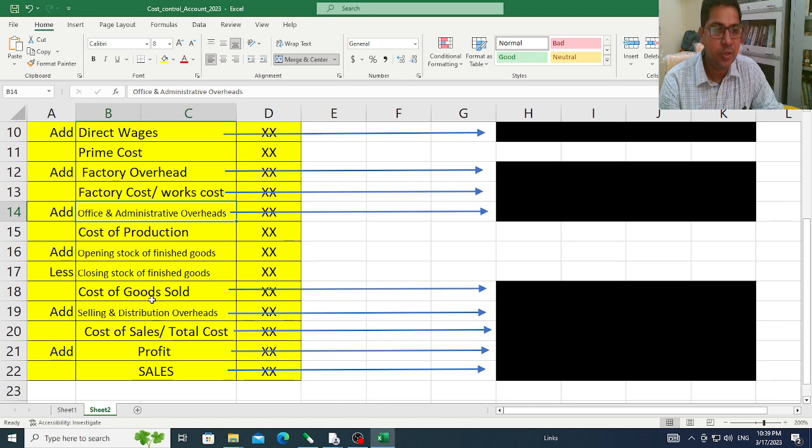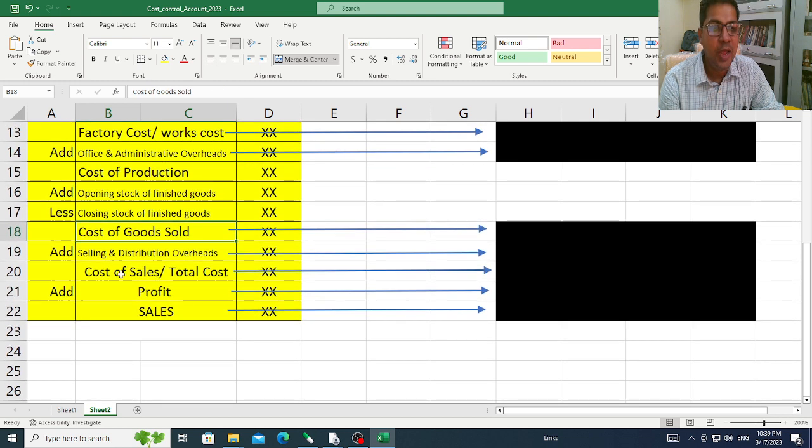After getting the cost of production, finished goods opening and closing are adjusted, and we get the cost of goods sold. Then we add selling and distribution overheads, expenses related to sales and distribution, and we get the cost of sales or total cost. After that we add the profit, and whatever amount comes will be the sales.